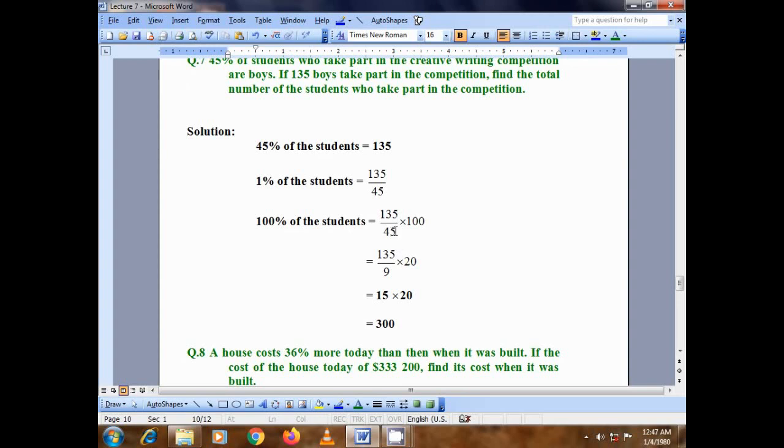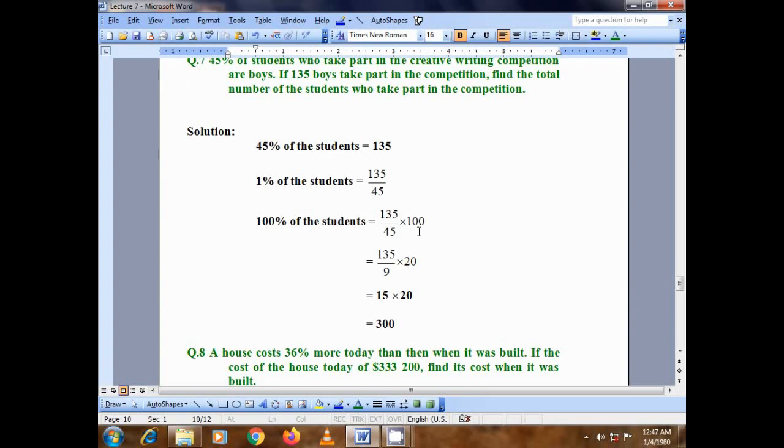Next step. Now in this step we will cancel the numerator 135 and denominator 45 by number 3, or you can divide this numerator 100 and denominator 45. It's your choice.